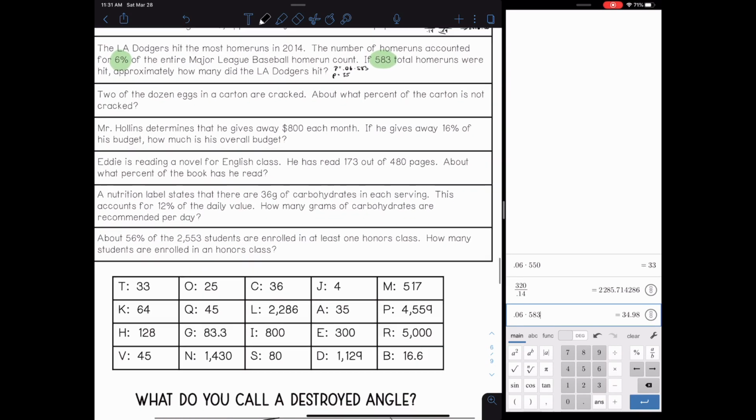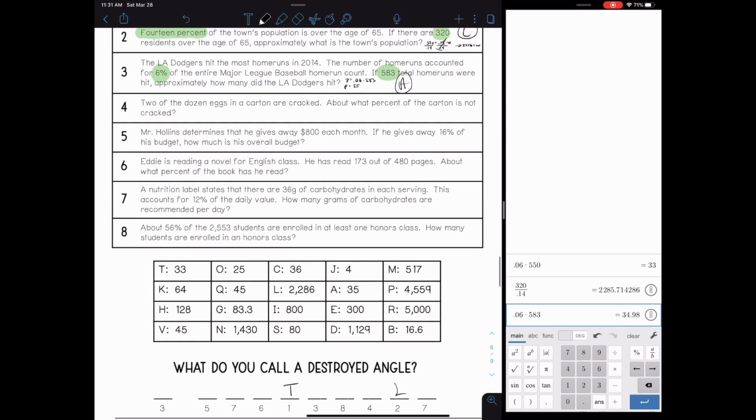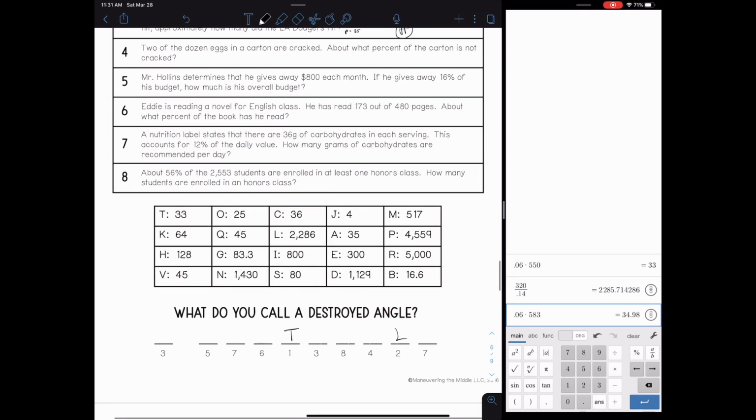And 35, what letter is it? A. So wherever I see the number 3, I'm going to put the letter A. A, A, A, huh, we'll see.